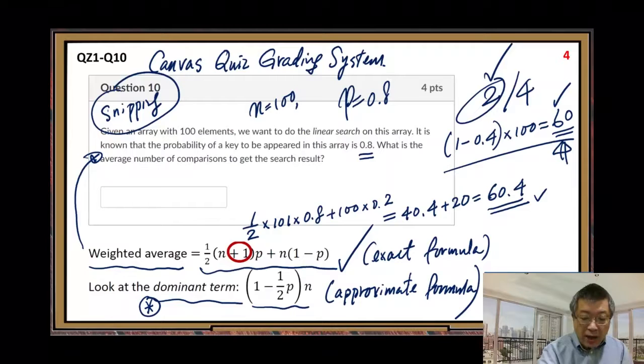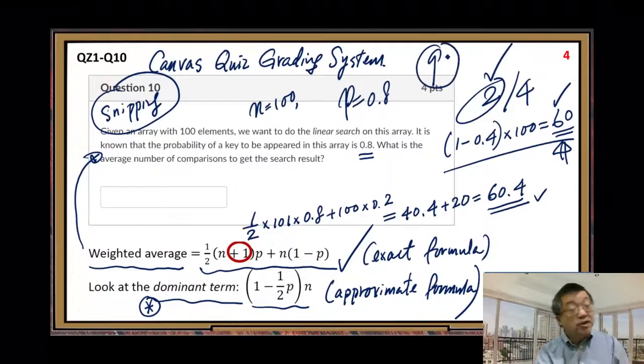The answer is 9, right? Then some students, after they put 9, type some explanation, just a few more words, and they lost all the points. 9 is correct, but they put some comments. The system is not that smart, so it cannot just compare the 9 and ignore the remaining part. So you lose all the points.